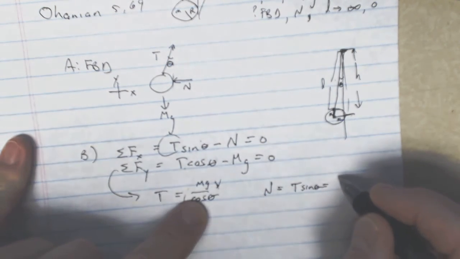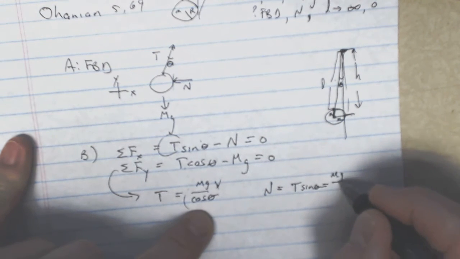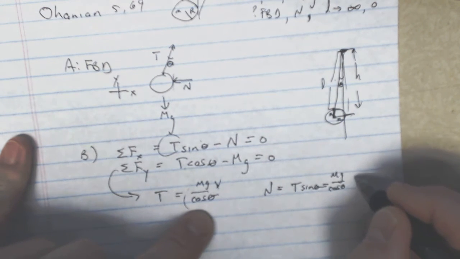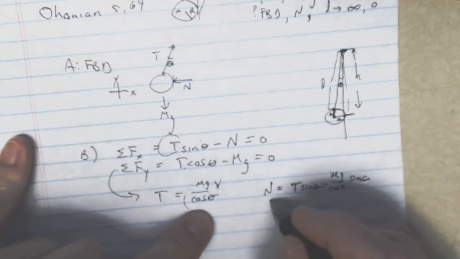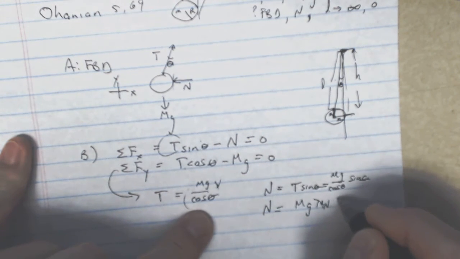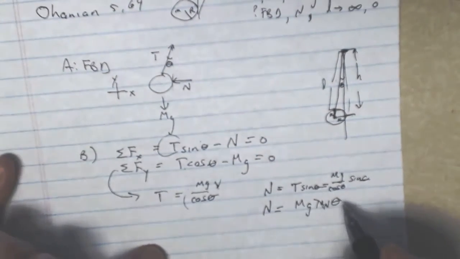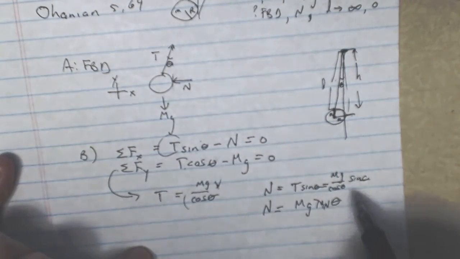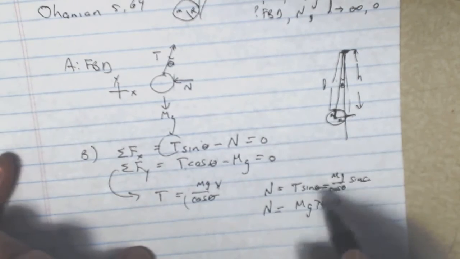Eliminating tension, I've got mg over cosine theta times sine theta, or the normal force equals mg tangent of theta. So I'd have the normal force if I can convert theta to the dimensions that are given to me.